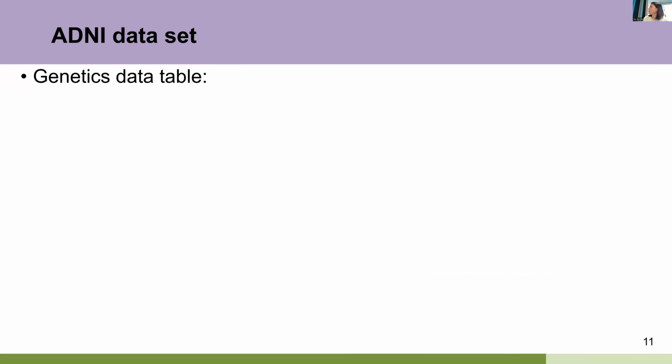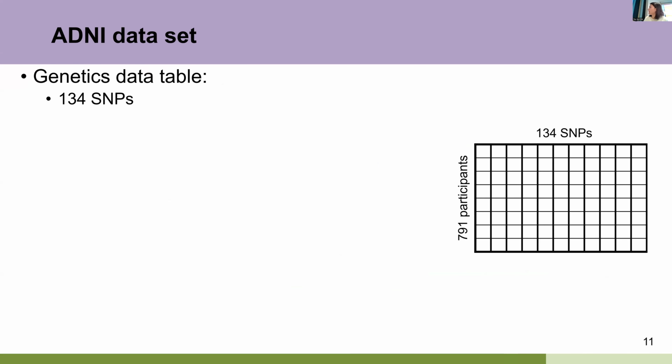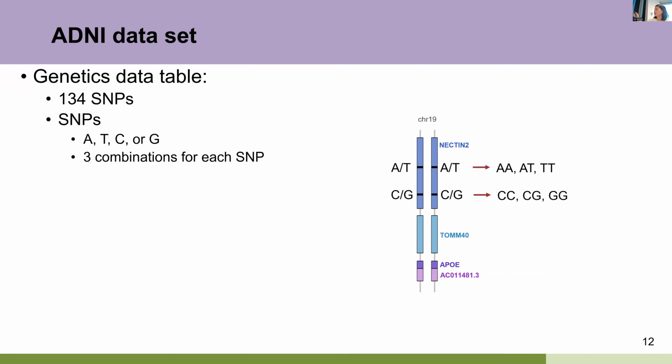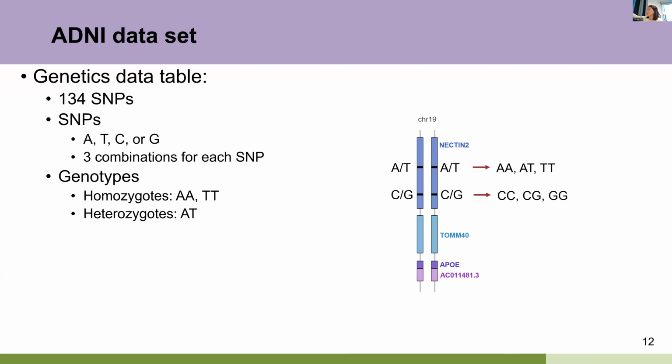And then for the genetics table, we have genetic information in 134 SNPs, where SNPs are pairs of alleles on the chromosomes. So in combination, they could come in 3 different combinations for each set. Basically, you could categorize these into the ones that are the same, so homozygotes, or the ones that are different, so the heterozygotes.